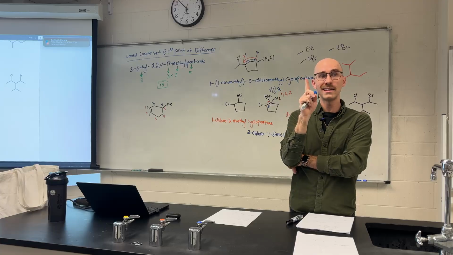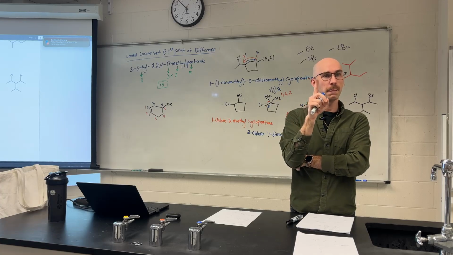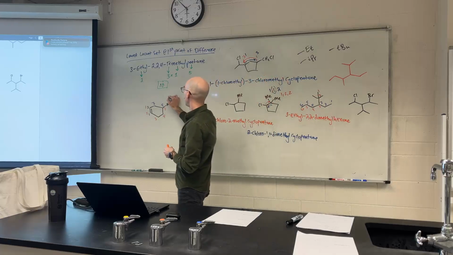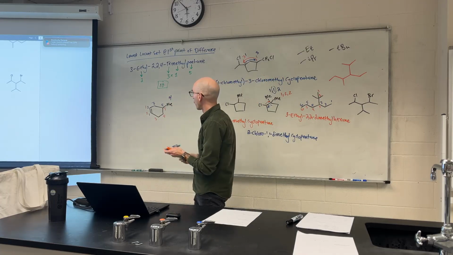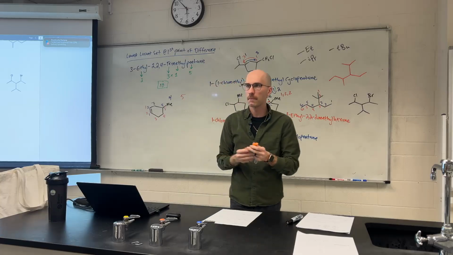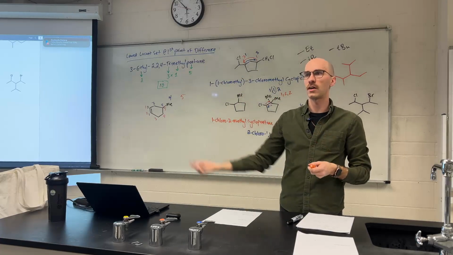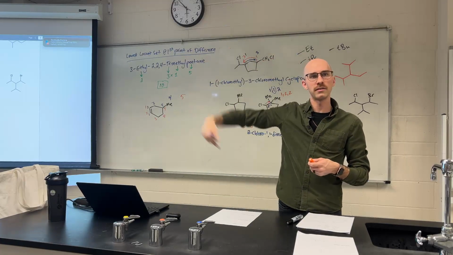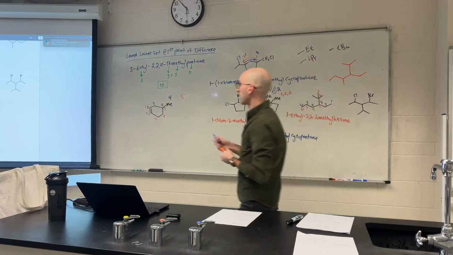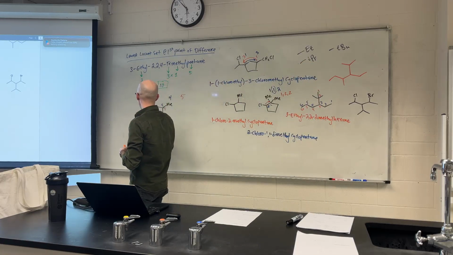So I don't need that locant 1, which means my locant set is comparing putting the methyl at 4 or putting the methyl at 5. Which way should I number this ring? Clockwise in blue or counterclockwise in orange? Clockwise in blue. And the name for this compound is 4-methylcyclohexene.